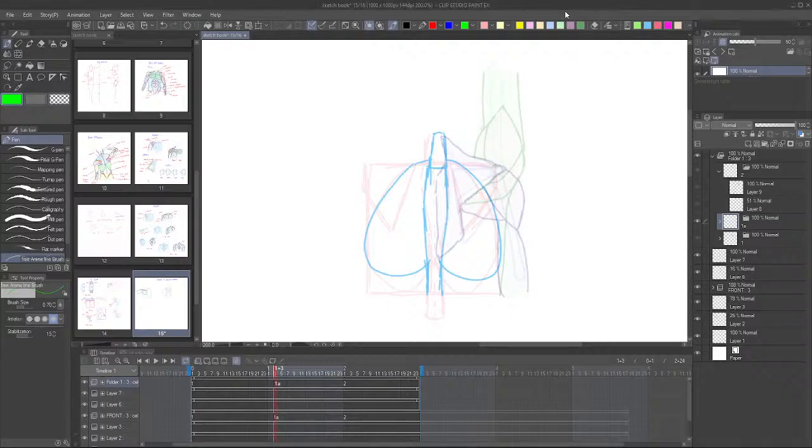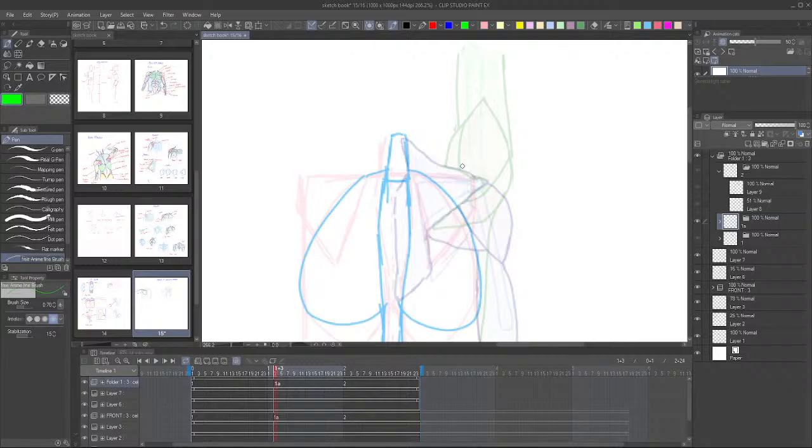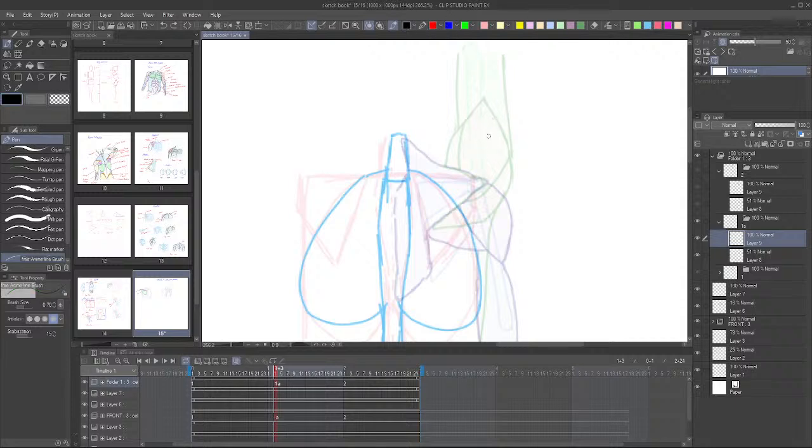So let's see how it's turning. Here we'll start seeing a little bit of the front muscle like that.